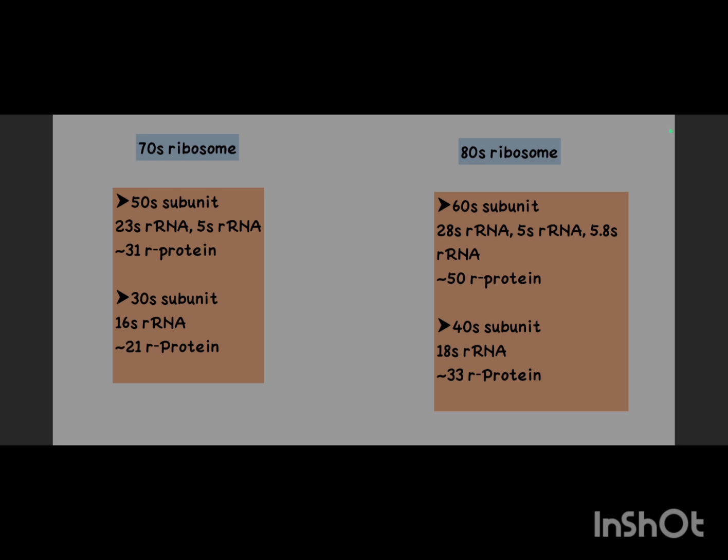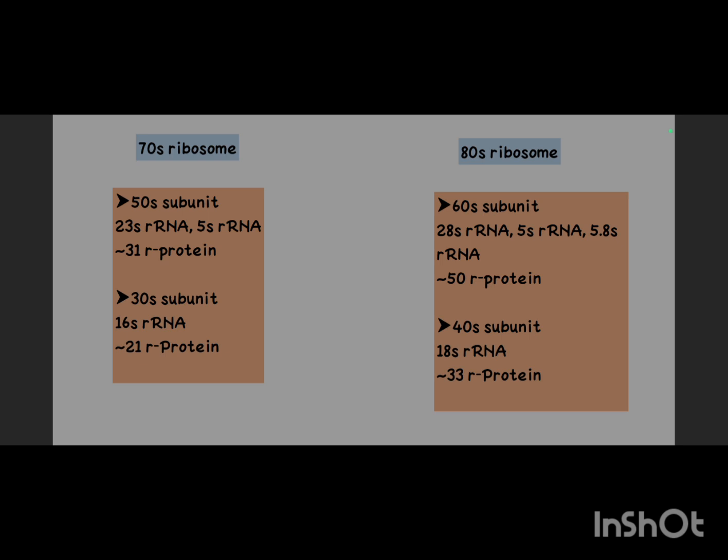Basically, the weight of each single subunit we calculated separately. Actually, first the bigger or larger subunit and the smaller subunit we separate. Then we did centrifugation, and after centrifugation we measured the weight. So when we measure separately, then we get to know that the 70S ribosome is made up of two subunits. The larger subunit weight is 50S and the smaller one weight is 30S.